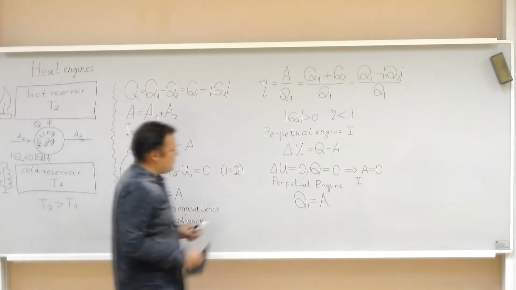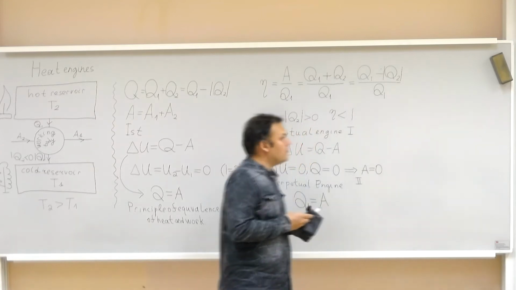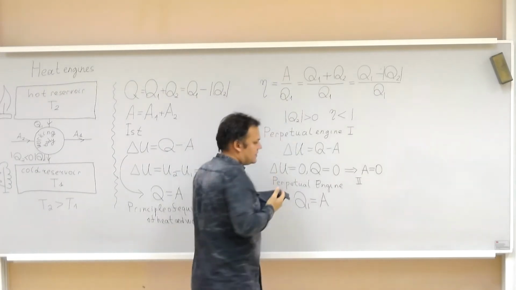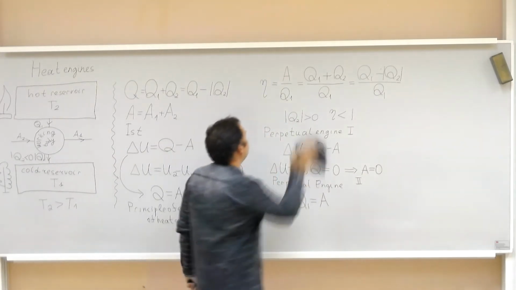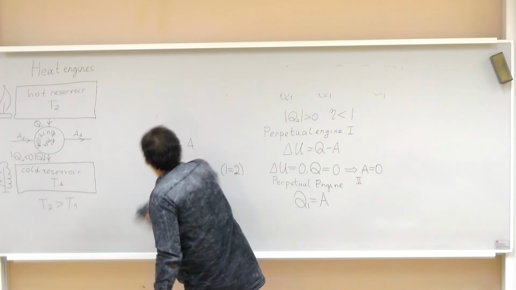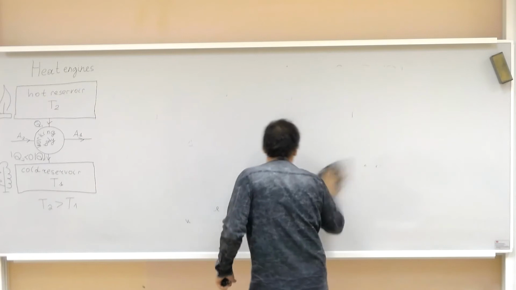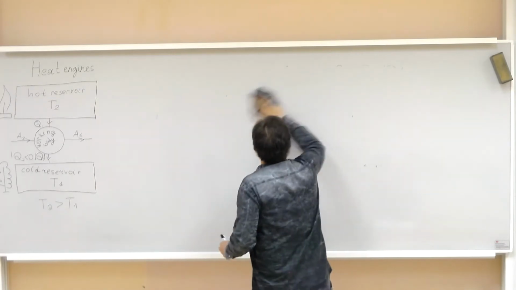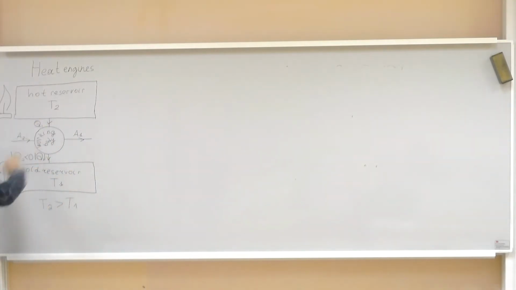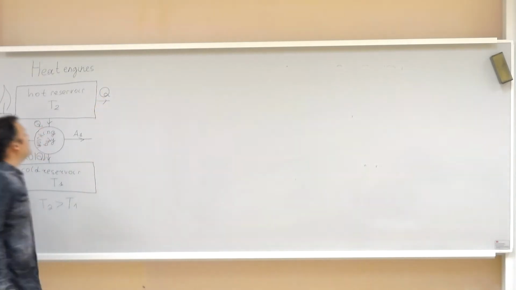Now we know what is impossible, but let us ask ourselves what is possible. Our question is the following. Assume that we take a certain amount of heat, let's say Q, from our hot reservoir.